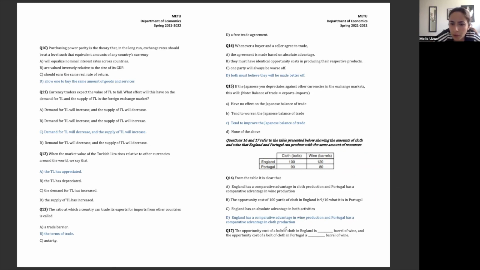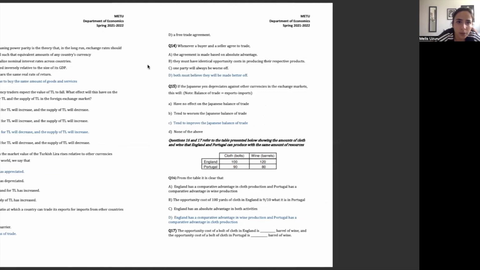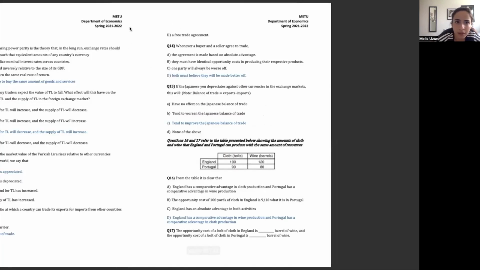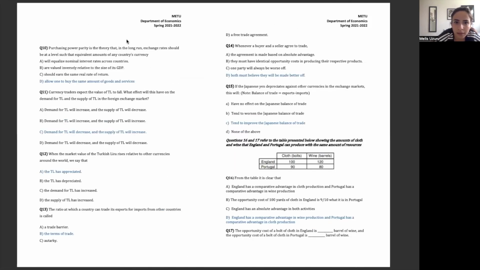Question 17: the opportunity cost of a bolt of cloth in England is blank barrels of wine, and the opportunity cost of a bolt of cloth in Portugal is blank barrels of wine. We just calculated it, but let's do it again.